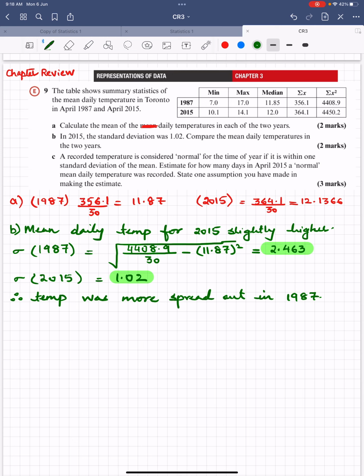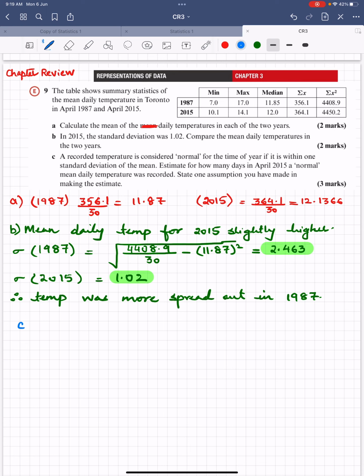So here the question is giving us normal temperature, which should be one standard deviation above and below the mean. So first let us find out the day that corresponds to the limit where we have the temperature within the normal range, which is from upside one standard deviation above the mean and from the lower side one standard deviation below the mean.